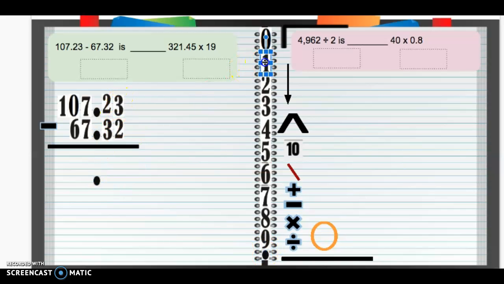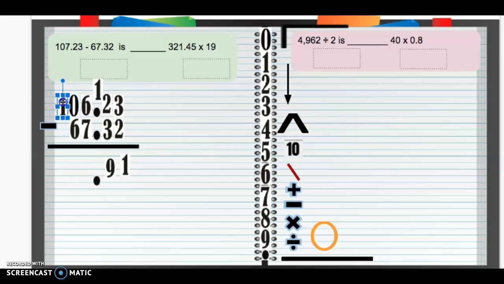3 minus 2 is 1. 2 minus 3 we can't do, so that 7 becomes a 6. The 2 becomes a 12. And then we do 12 minus 3, which is 9. 6 minus 7 we can't do, so we take from the 0.